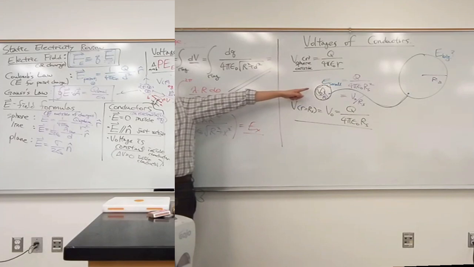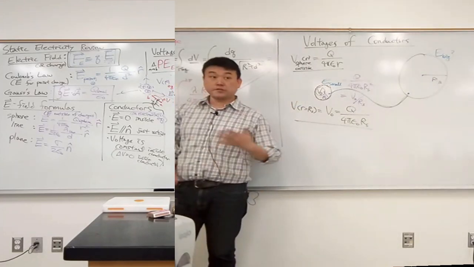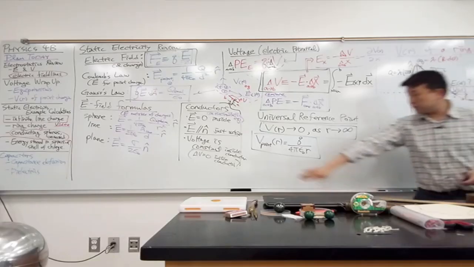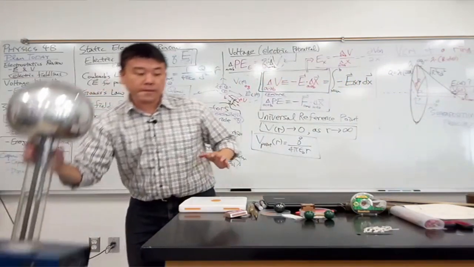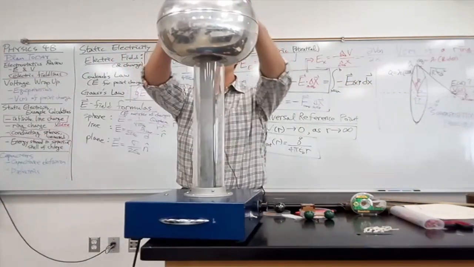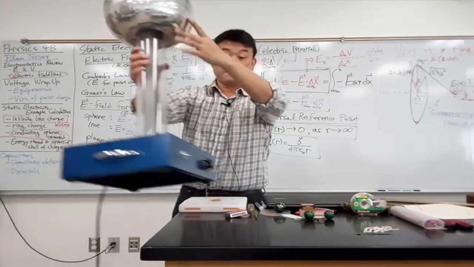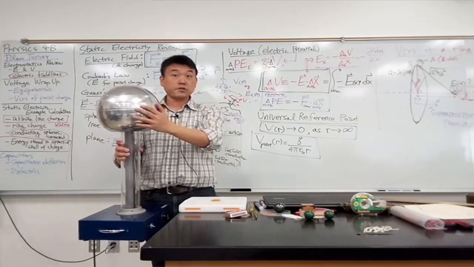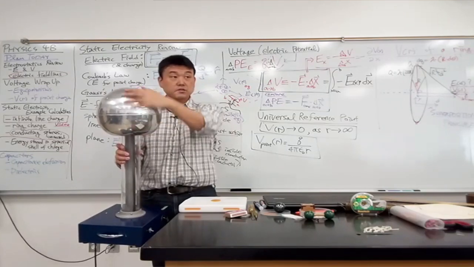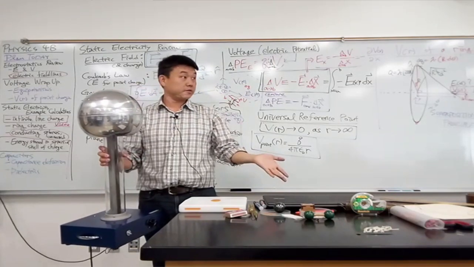It means change of voltage is equal to 0. Because of this, the surface of a conductor automatically defines an equipotential surface. This, by definition, is an equipotential surface. Because inside the conductor, it's all same voltage. So when you look at just the surface, it's all at the same voltage.